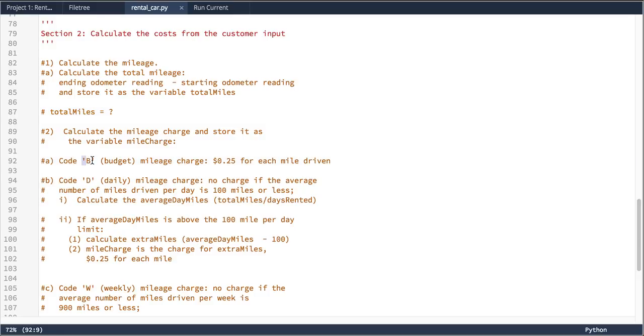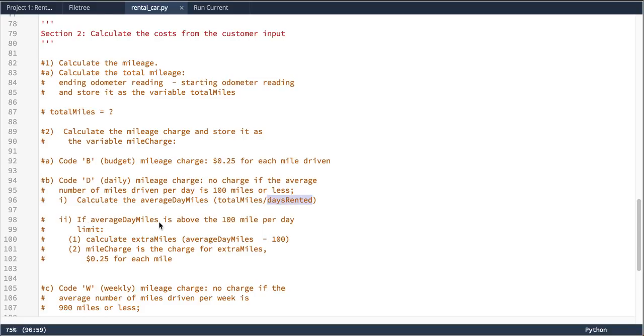If it's a budget rental, it's straight 25 cents a mile. If it's a daily rental, it's a little more complex. We calculate the average daily miles as the total miles divided by the days rented.